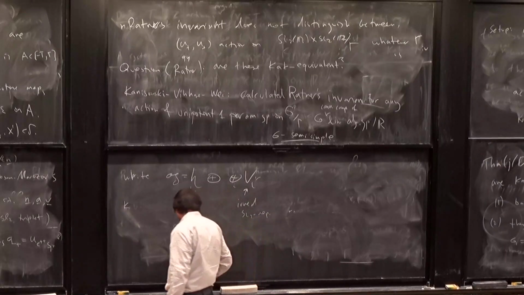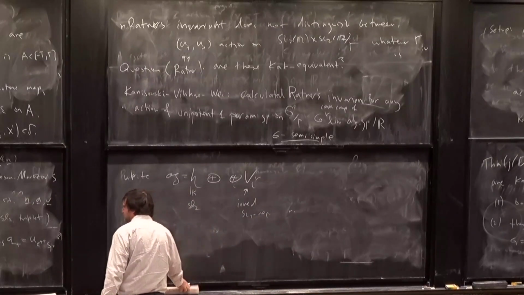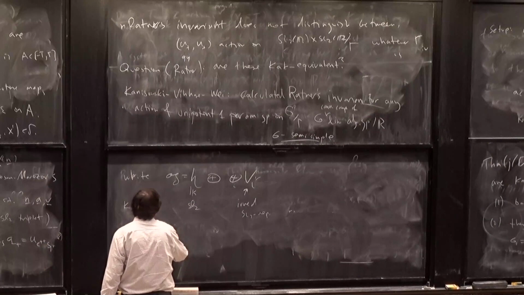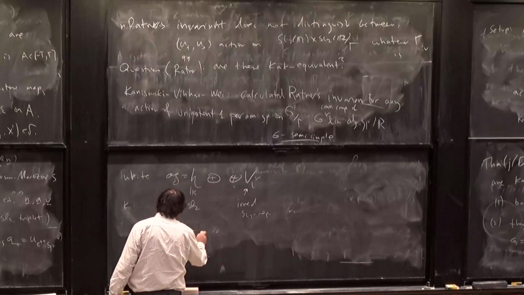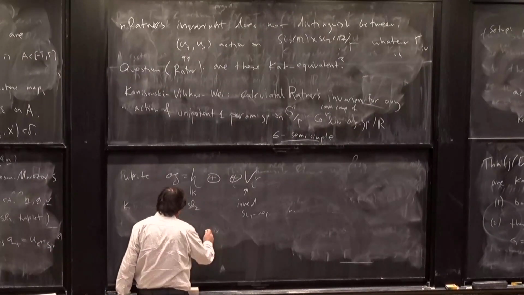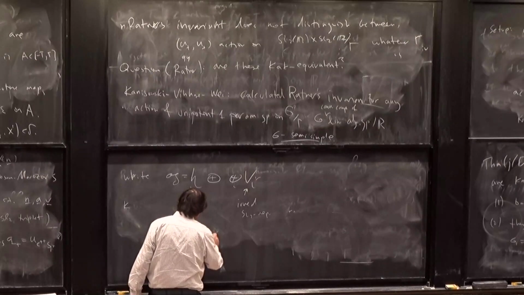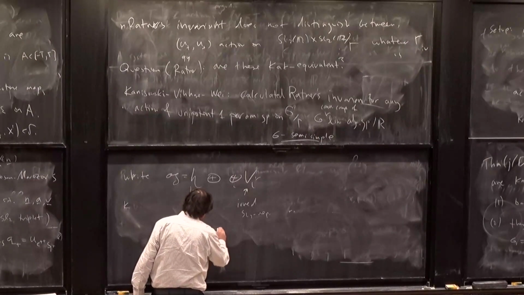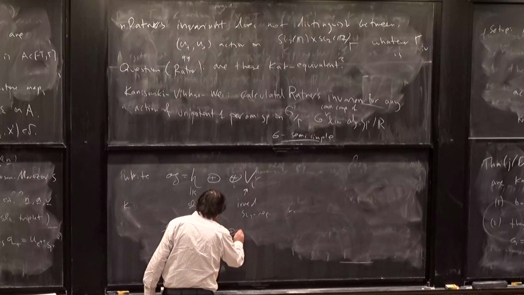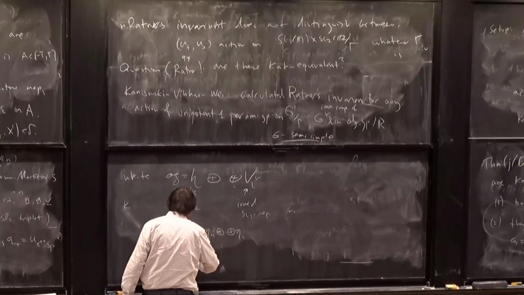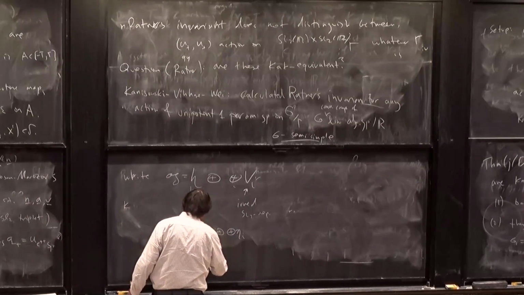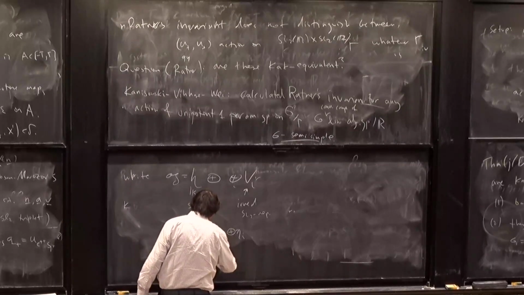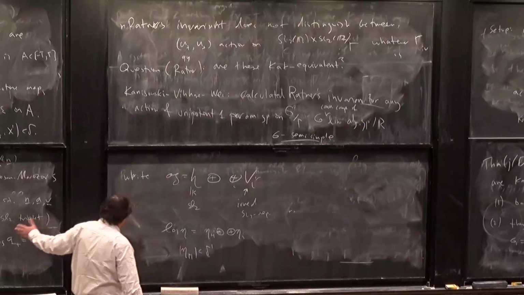And then you could write log of eta as some component, eta in H, and some component in each one of these representations. So basically, eta of H would be smaller than some delta prime, which would depend on delta.